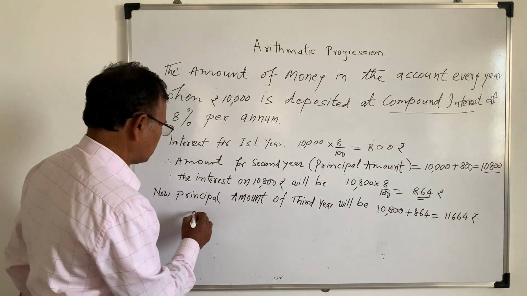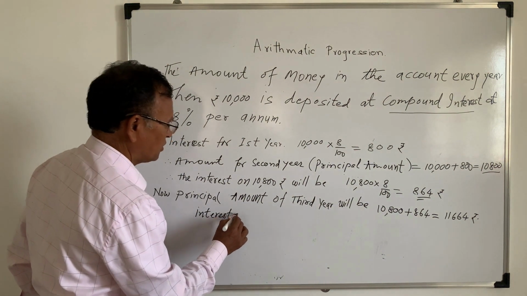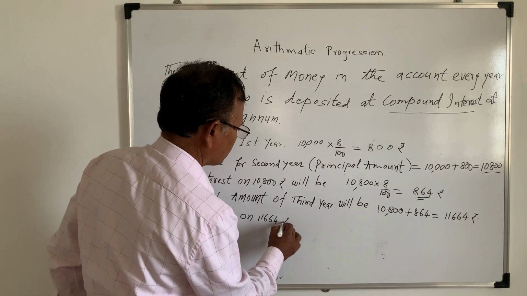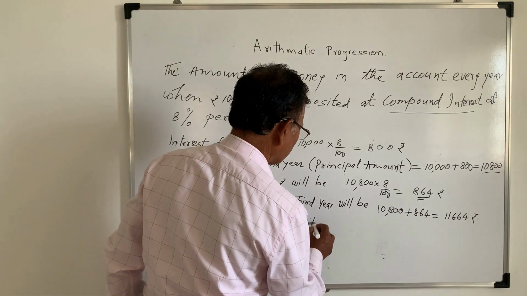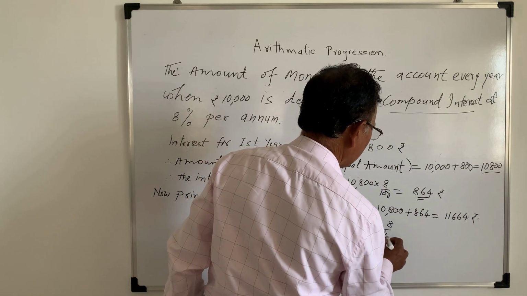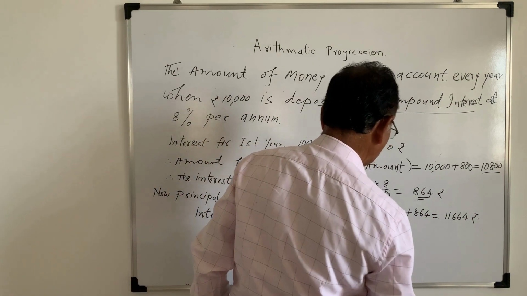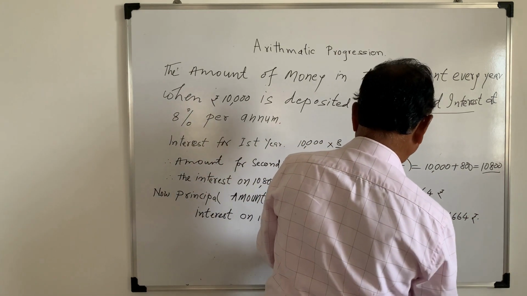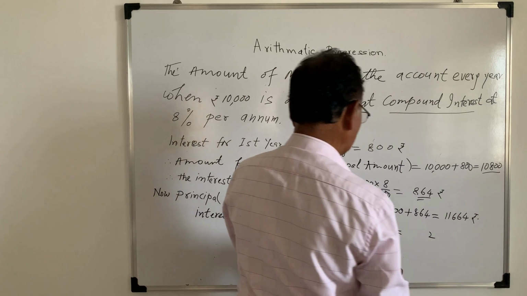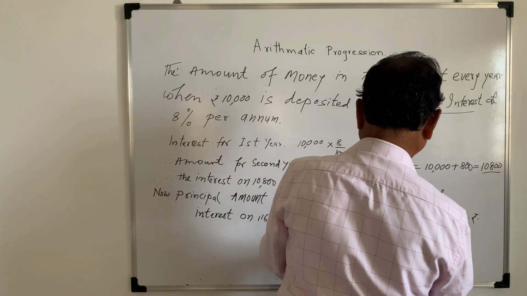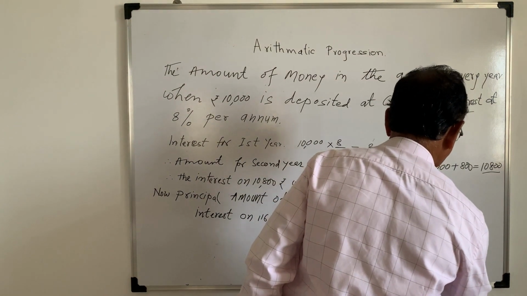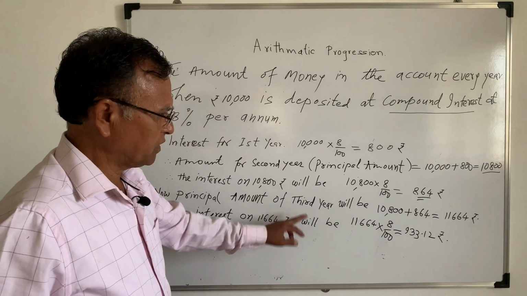So you can calculate the interest on 11,664 into 8/100, so this will be the interest for the third year.